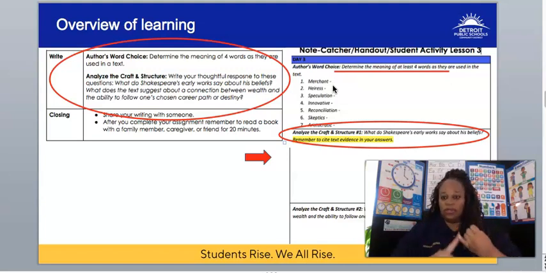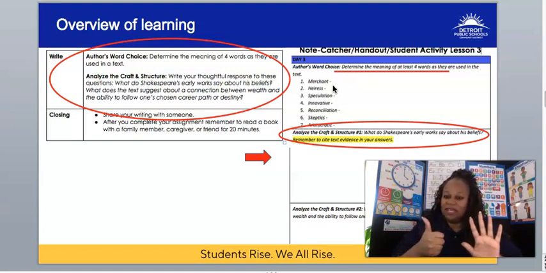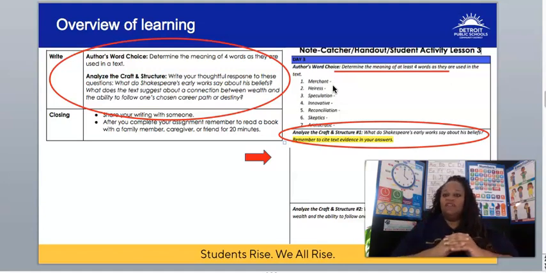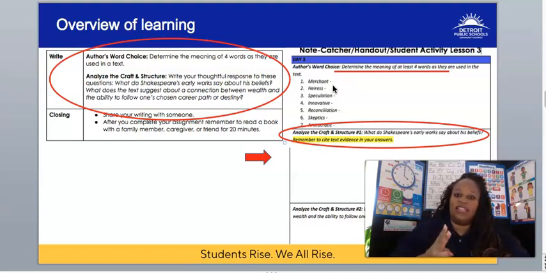Those words are merchant, heiress, speculation, innovative, reconciliation, skeptics, and aristocratic. So, of those 7 words, please choose 4 of the words that you are able to define through context. I will give you some tips on how you can use context clues to define those words.